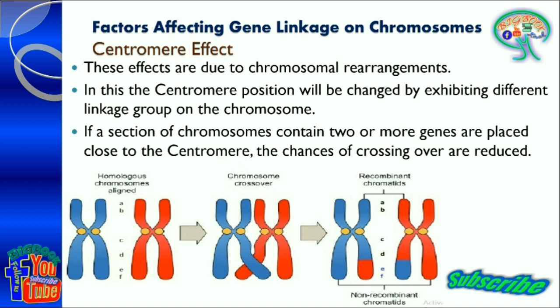But in the centromeric effect, the complete understanding is that there are no recombinations observed, or a very depleted ratio of recombinations has been observed for the genes which are very closely located to the centromeres. So the parental combinations will be retained.